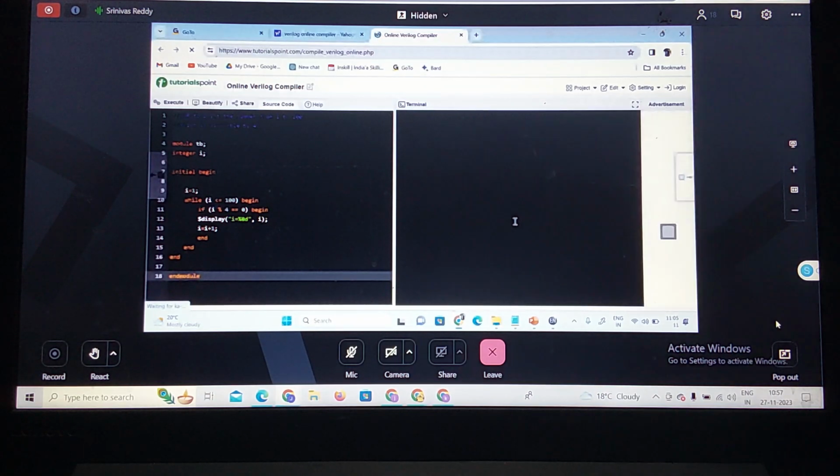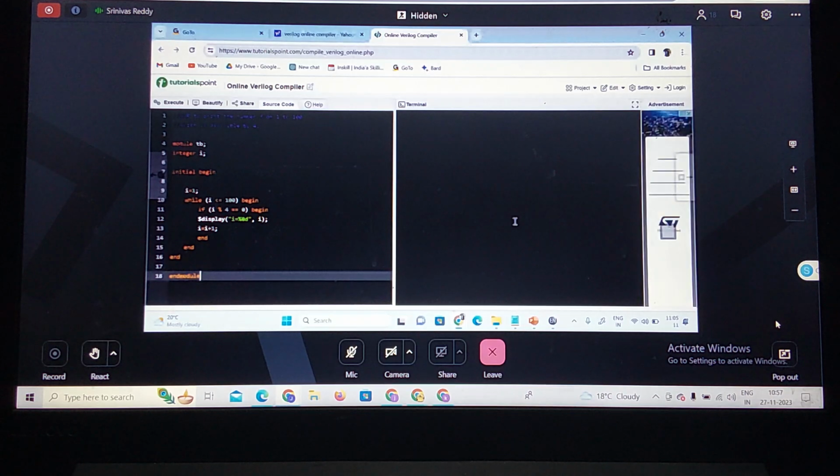The definition of a prime number: the number which is divisible only by itself as well as by 1 is nothing but a prime number. Correct. So for this, can you write a program using a while loop? Use the control statements and use the while loop to print the prime numbers from 2 to 100. Okay, you can take this up as an assignment.